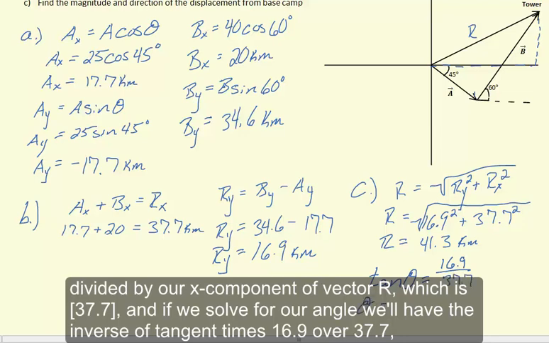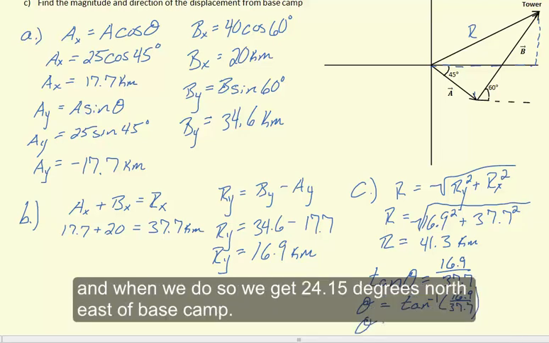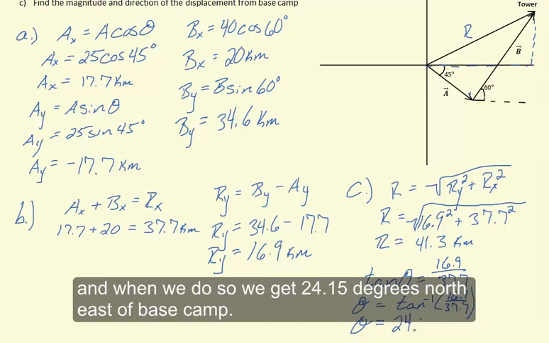If we solve for our angle, we'll have the inverse of tangent of 16.9 over 37.7. And when we do so, we get 24.15 degrees northeast of base camp.